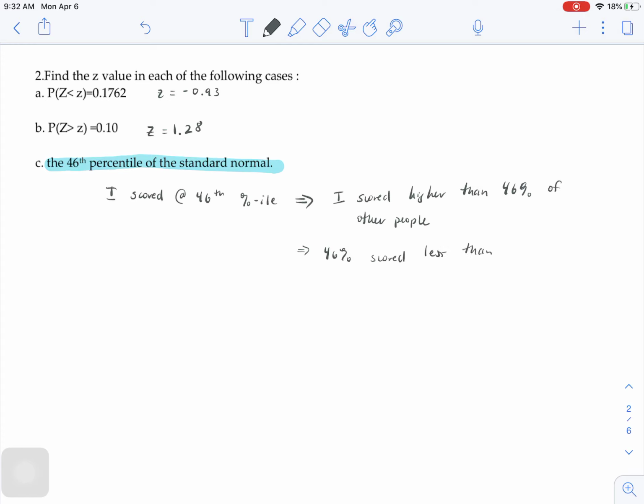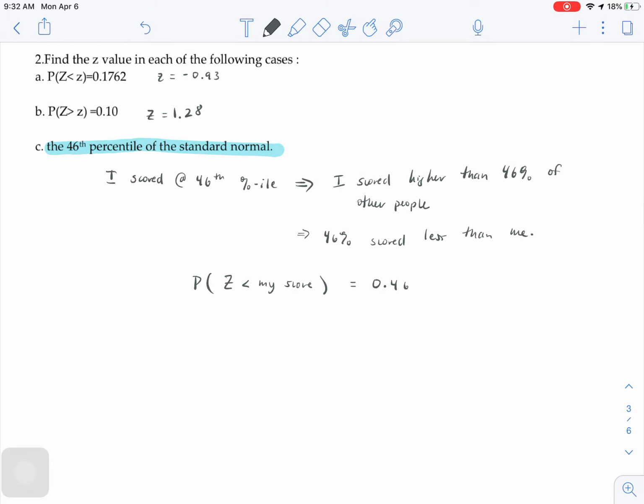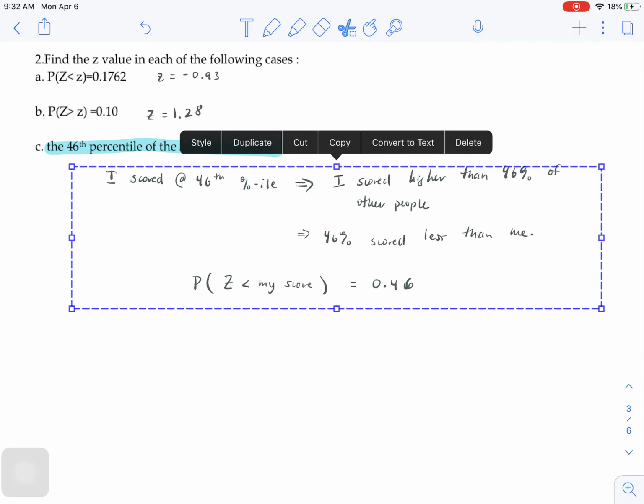Their score was lower than mine. So let's call my score Z. The area to the left of my score is 0.46. The probability that you scored less than me is 0.46. That's what it means to be at the 46th percentile.